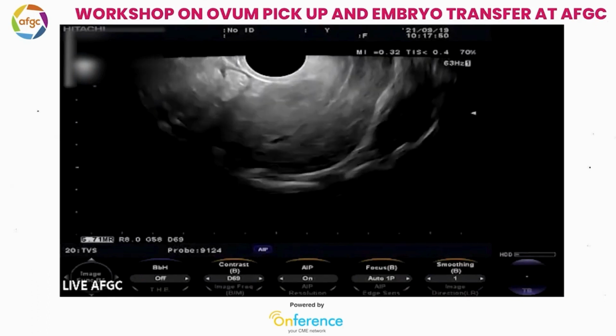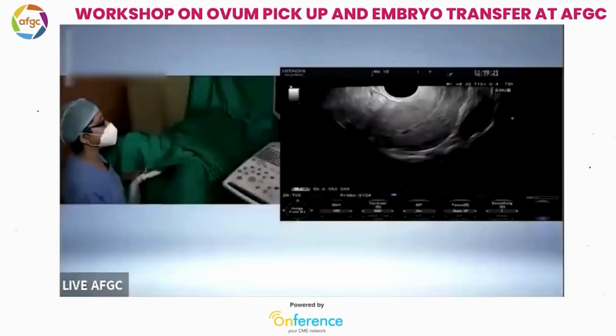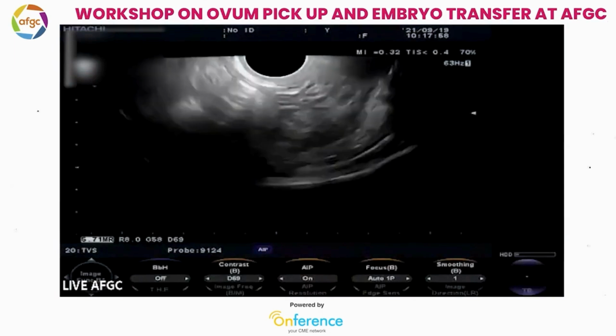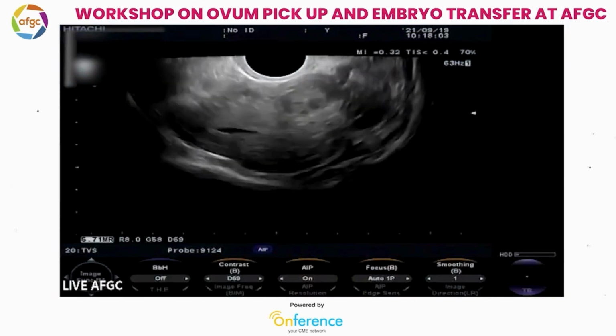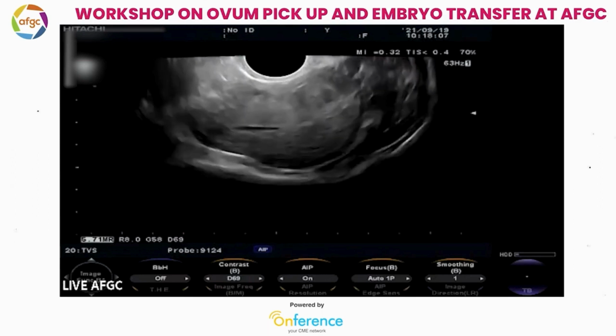Okay, so now here you can see the fluid in the cavity. I want only ultrasound. And we can go to the transverse, and there on the top right corner you can see the fibroid staring at you.